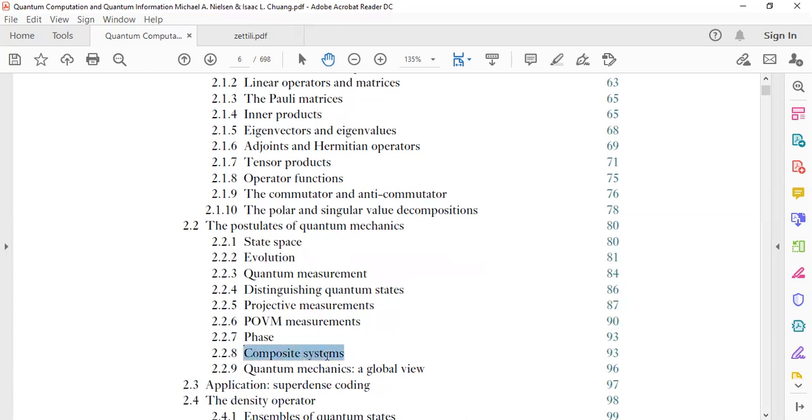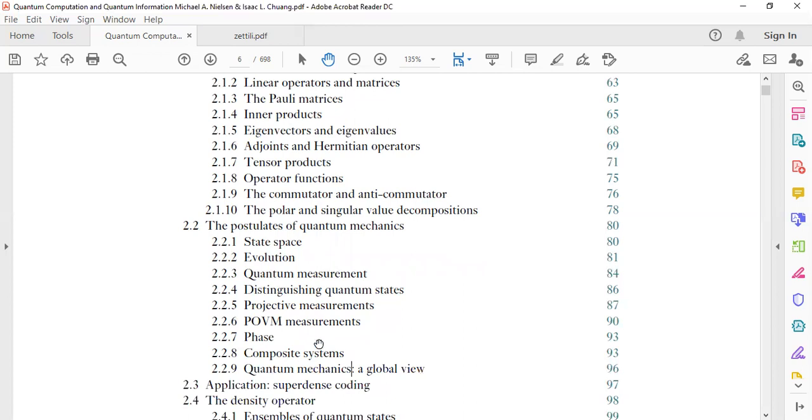Here they talked about composite systems. To understand composite system, you need to understand tensor products. What is composite system? Let's say we have a system on Alice's side, system A, and we have a system on Bob's side, and this is system B. But we have the composite system, and we have to take the tensor product of these individual system spaces, and then we get the overall joint system.